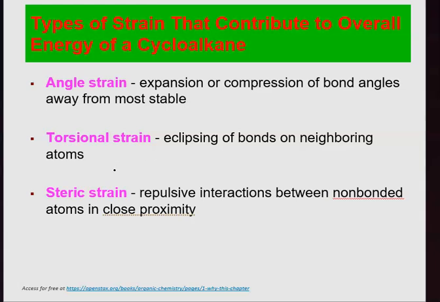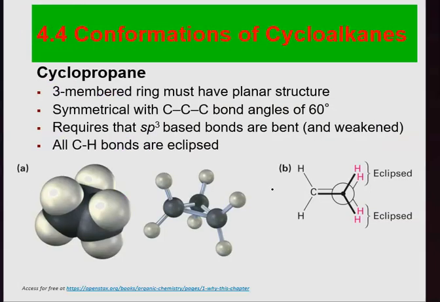Like in the last chapter, we studied how atoms can eclipse each other, giving rise to torsional strain. And finally, steric strain, which is due to the repulsive interactions between two non-bonded atoms in close proximity. That means there is steric crowding. There's too much crowding, and that will cause what is called steric strain.